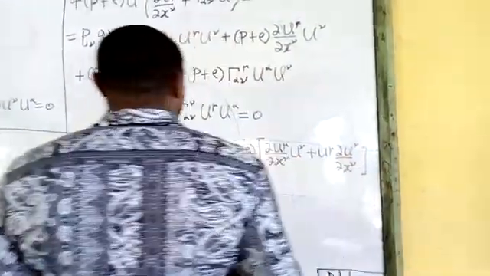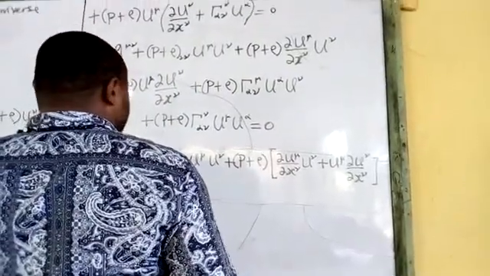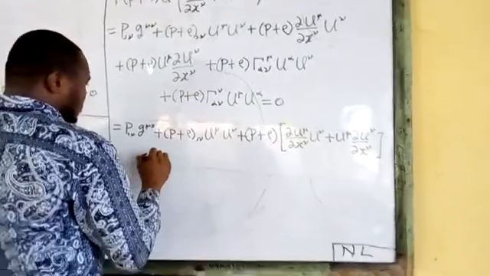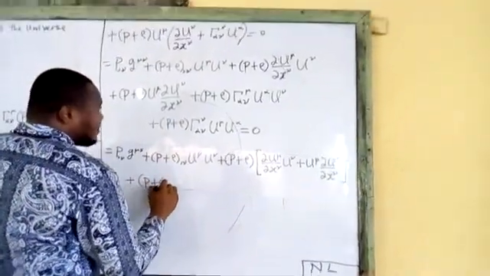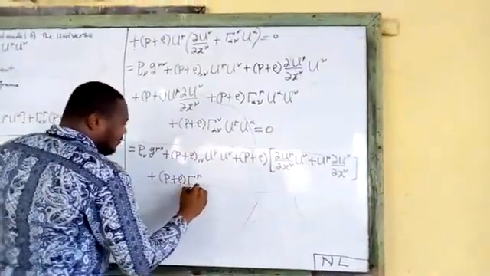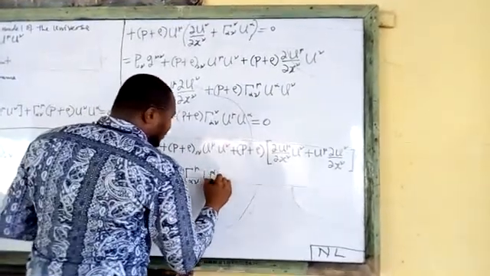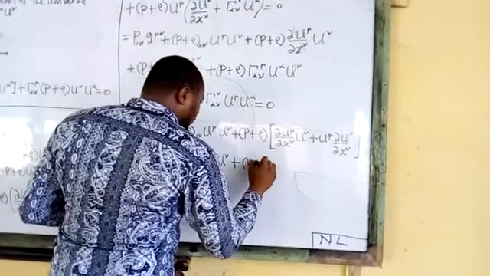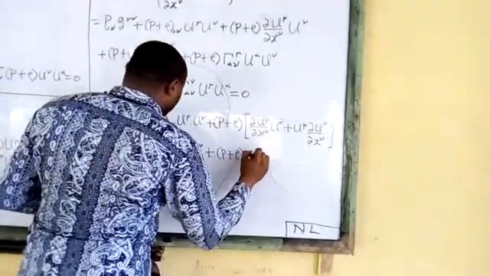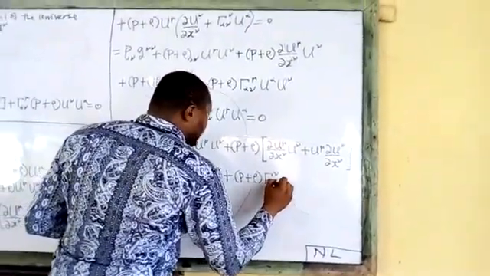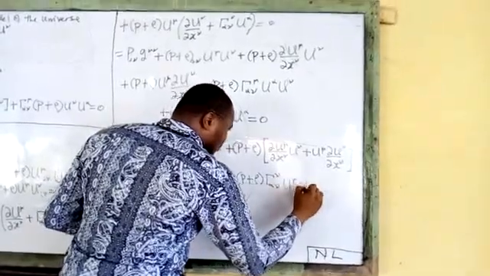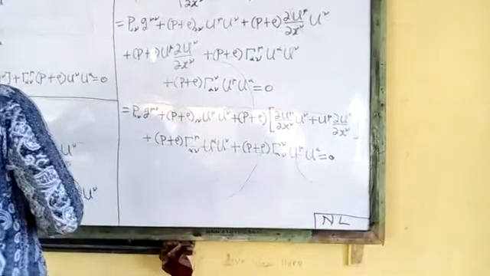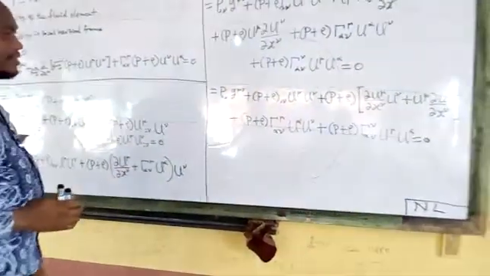That is what I have. And of course, as usual, I'm going to have plus p plus rho, gamma mu alpha nu, u alpha, u nu, and then finally plus p plus rho, gamma nu alpha nu, u mu, u alpha equal to 0. Yeah, so this is what I get for this case.